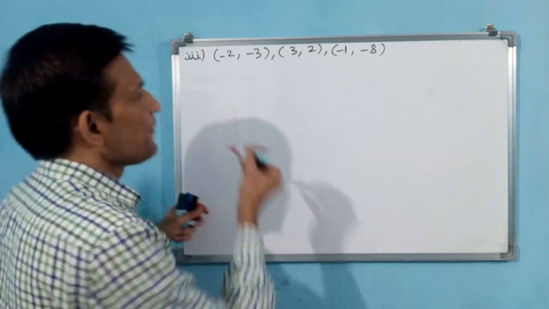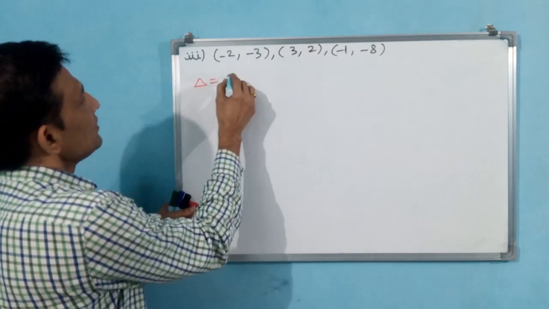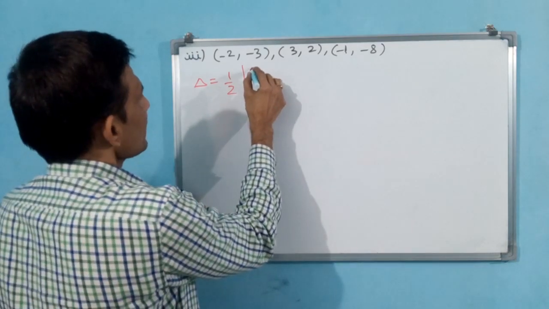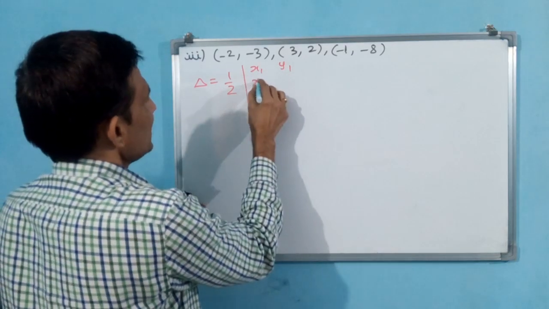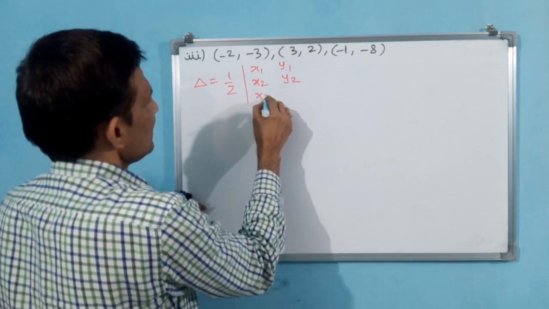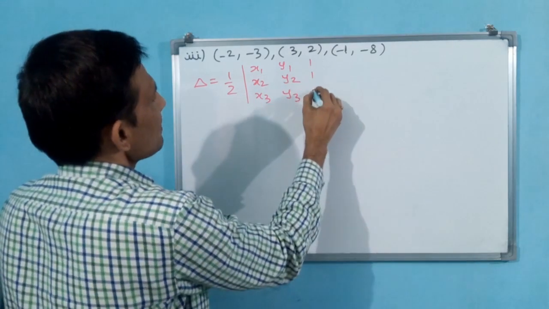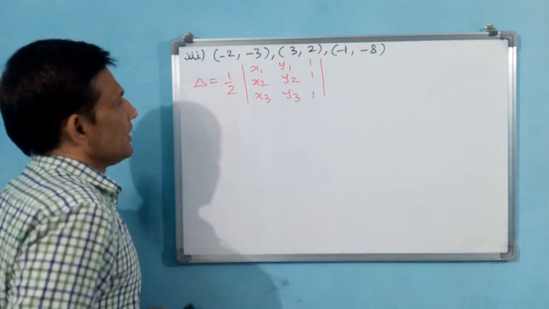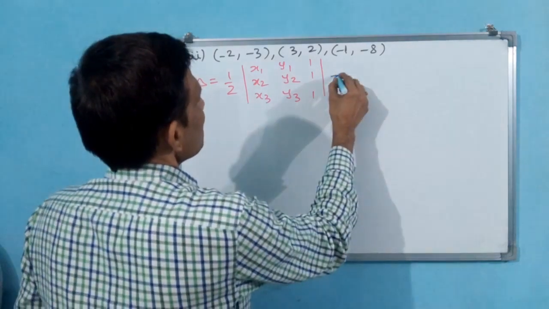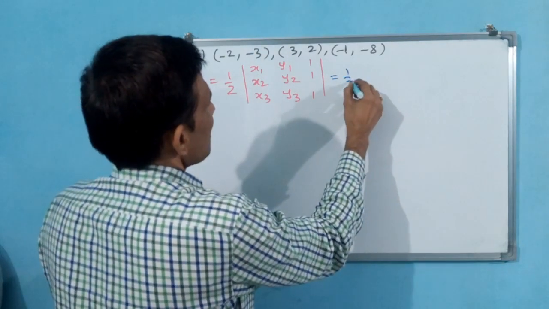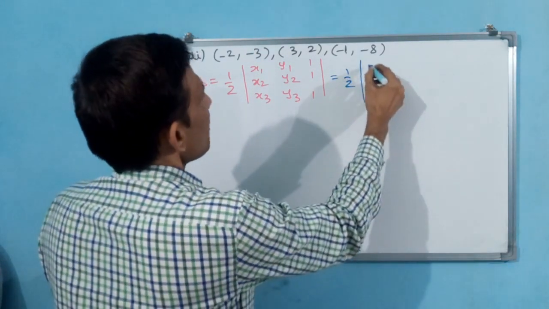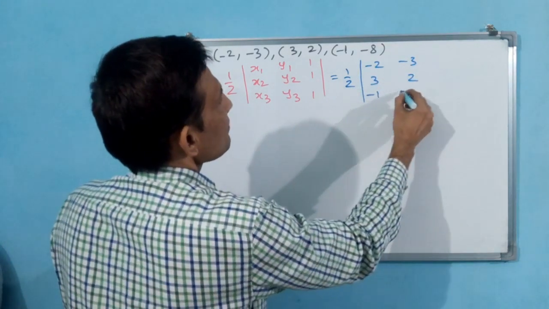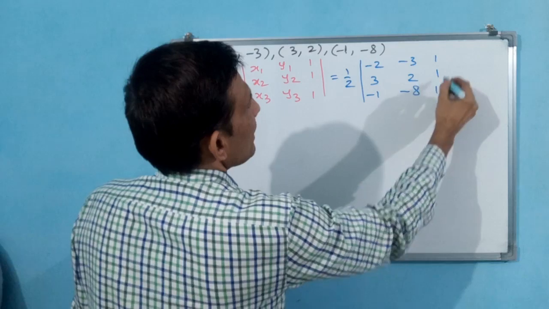First you write the formula. Delta is equal to half x1, y1, x2, y2, x3, y3, 1, 1, 1. This formula first you have to write. Written. Then you copy vertices: 1 by 2, minus 2, minus 3, 3, 2, minus 1, 8, 1, 1, 1.